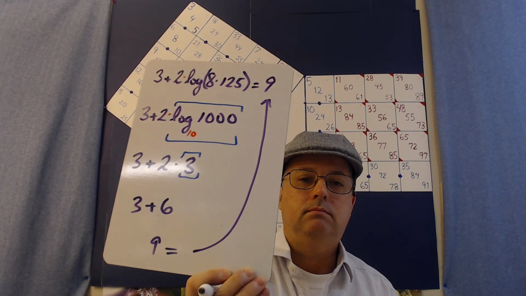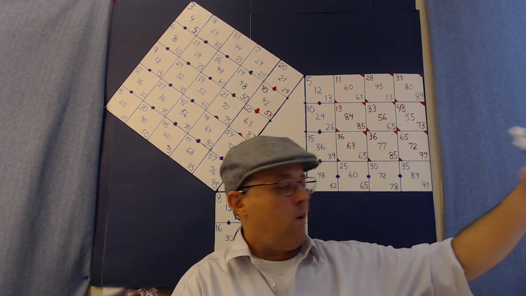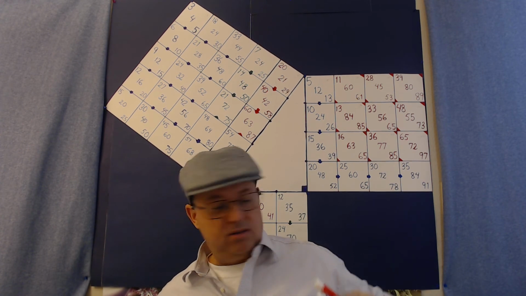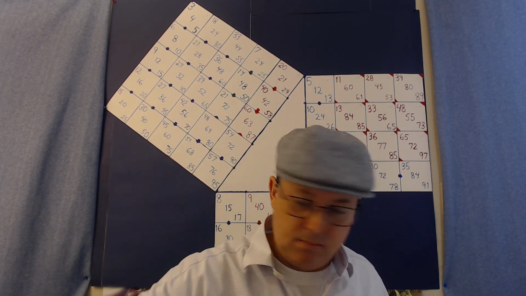Okay, awesome. Okay, how about a couple for you to do? Since you are having so much fun and this is making so much sense and it's easy, right? Let's have a couple for you to do.